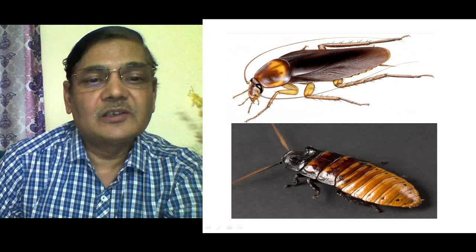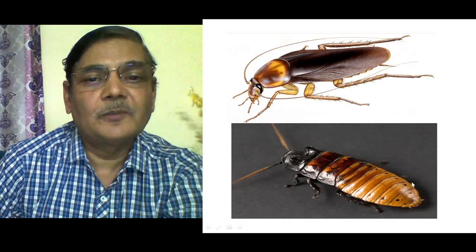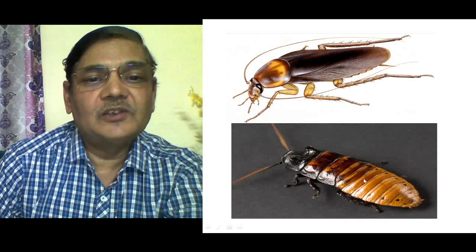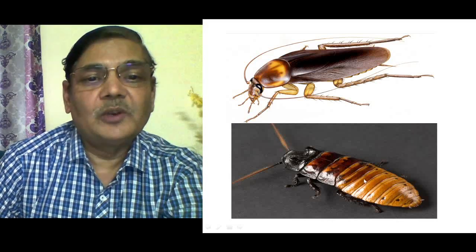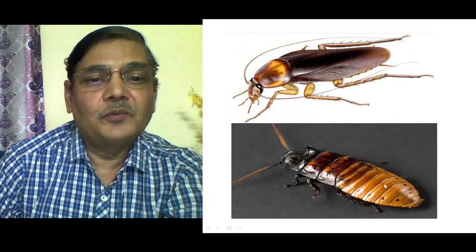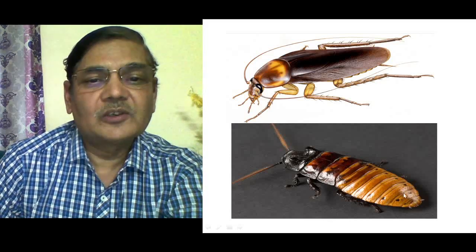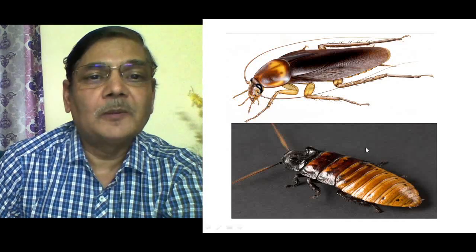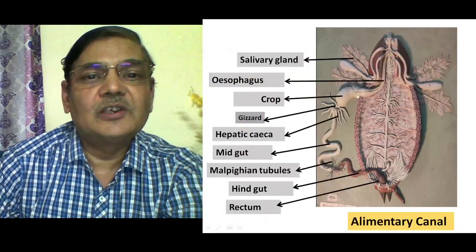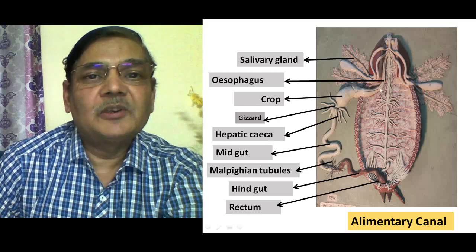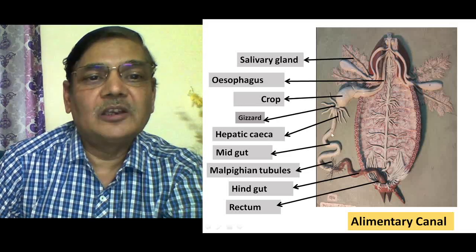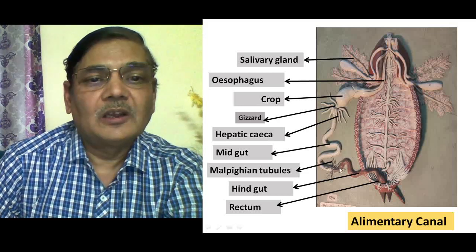Its lateral side on either side will have to be cut with the help of sharp scissors, and also from the posterior side you make a cut, and then these thoracic and abdominal segments of the dorsal side will have to be removed. So you very carefully remove the dorsal segments of its thorax and abdomen, and then you can see its internal structure. This alimentary canal is located on the dorsal side of the animal.